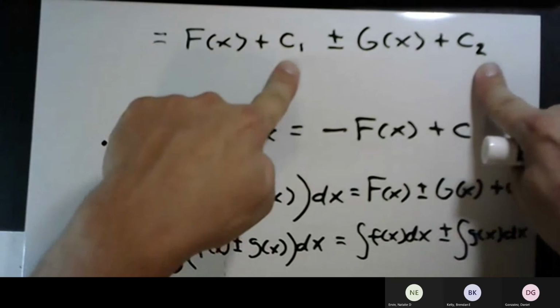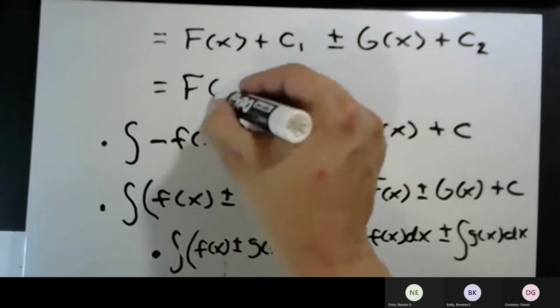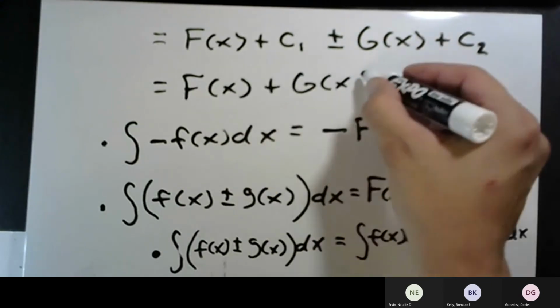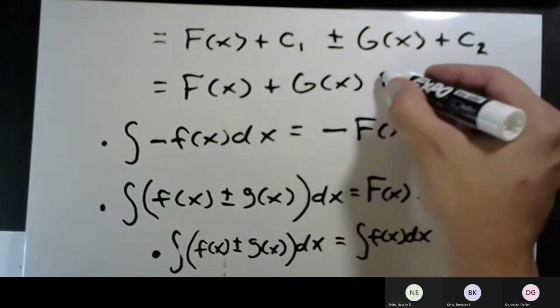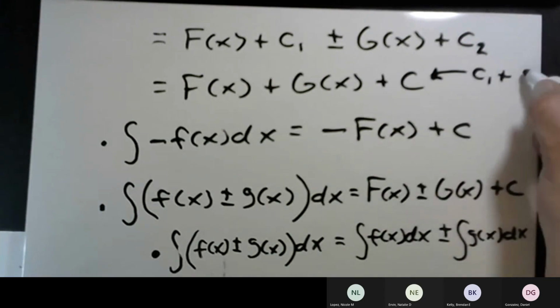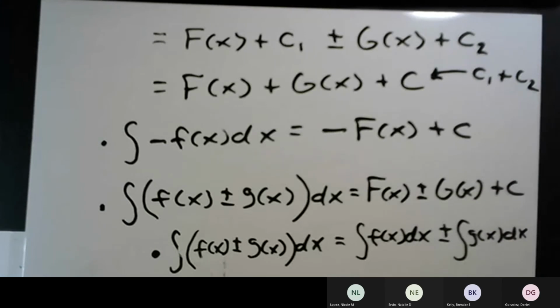And usually we'll combine these to be F of x plus capital G of x plus c, where this c is c1 plus c2. It's a very common thing when you're working with integrals. Some questions about that?